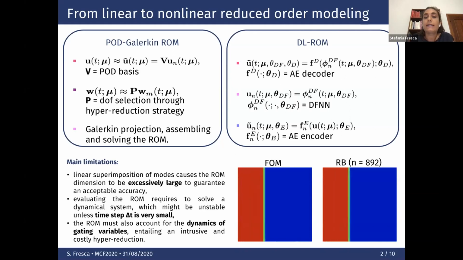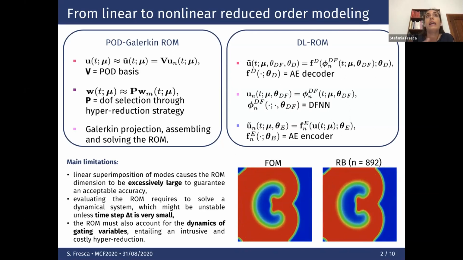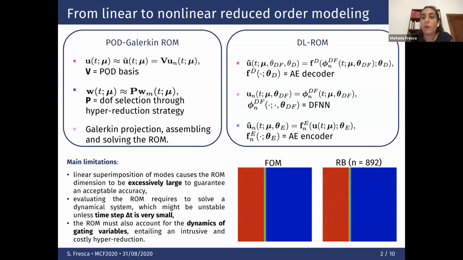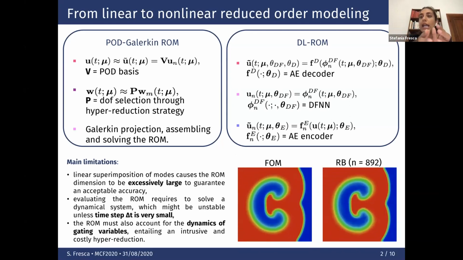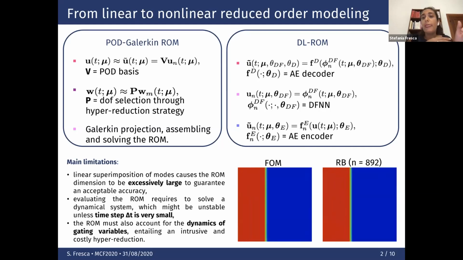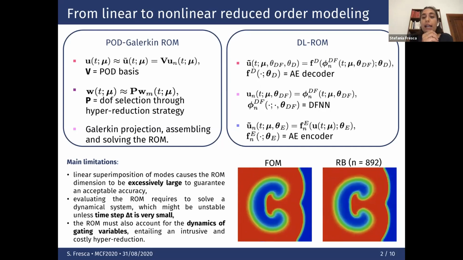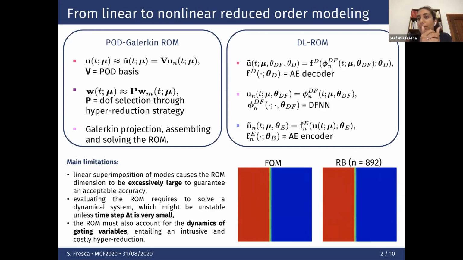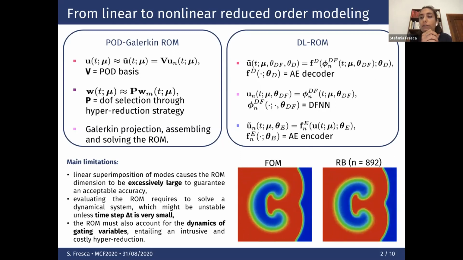Then, for the description of the reduced dynamics onto the nonlinear trial manifold, we rely on a deep feed-forward neural network, which directly models the relationship between the parameter instance and the intrinsic coordinates. Finally, in order to get a better accuracy, confirmed by experimental results, we also add the encoder function of the autoencoder.